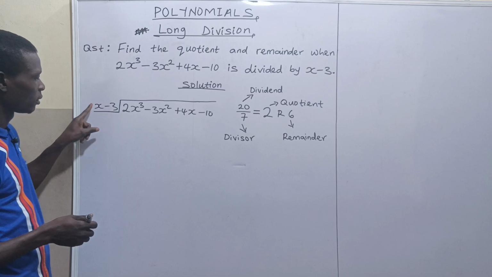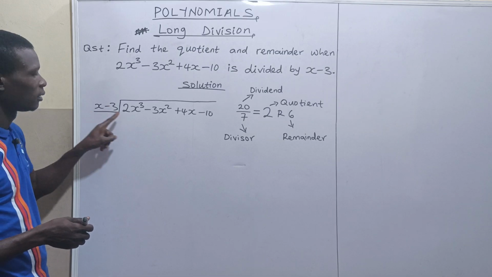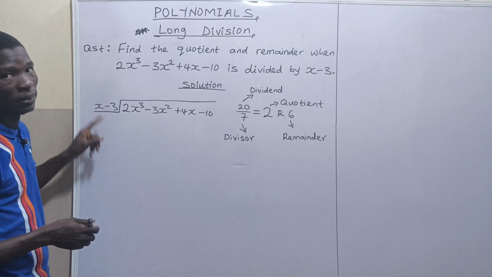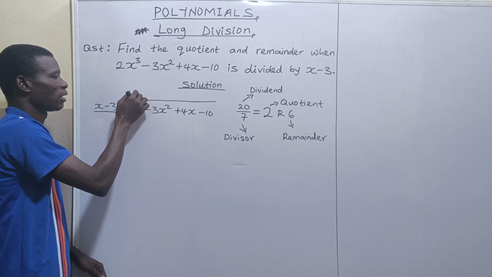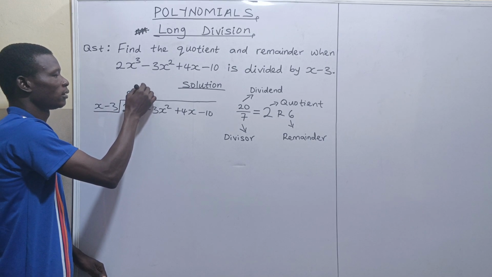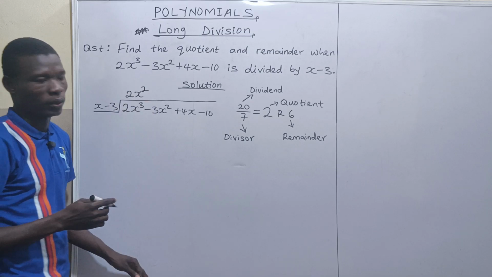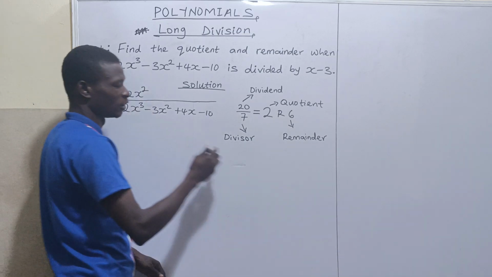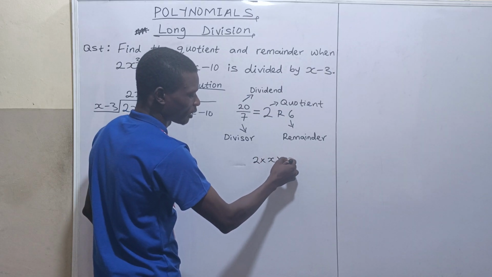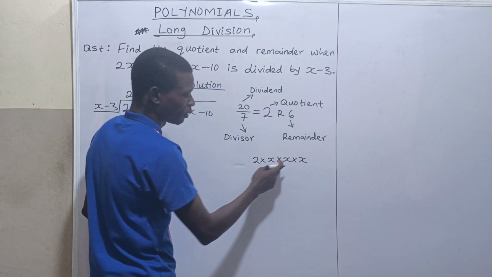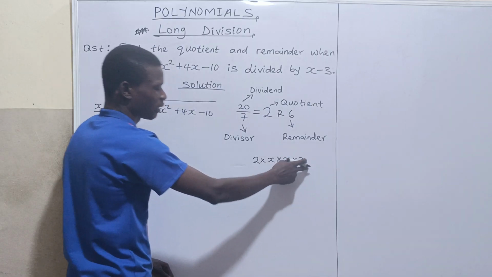2x cubed divided by x will give us 2x squared, and that will be written above here. What does 2x cubed mean? It means 2 times x times x times x, because x cubed is x times x times x.